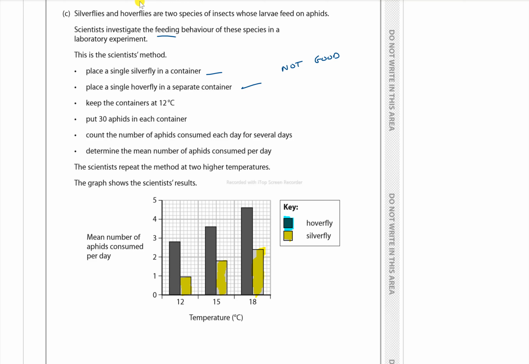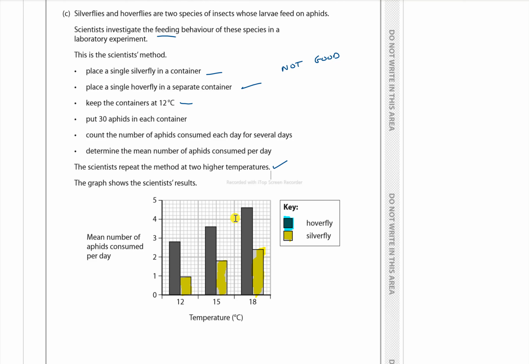One temperature. Count the number of aphids consumed each day for several days. Determine the mean number of aphids consumed per day. Okay. So, okay, they've repeated at different temperatures, but not at the same temperature.